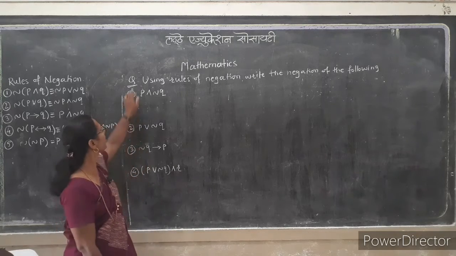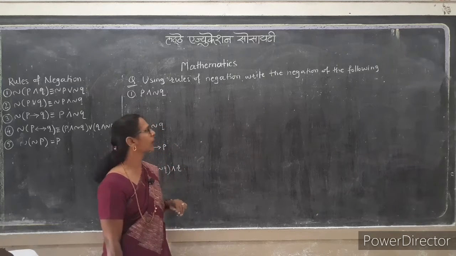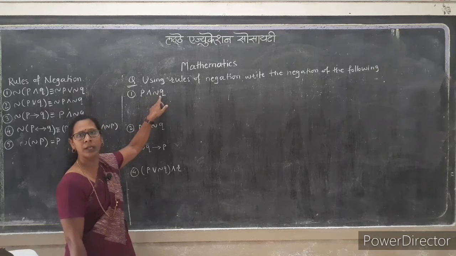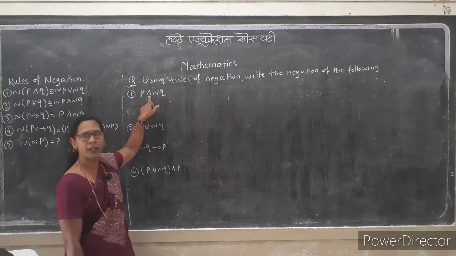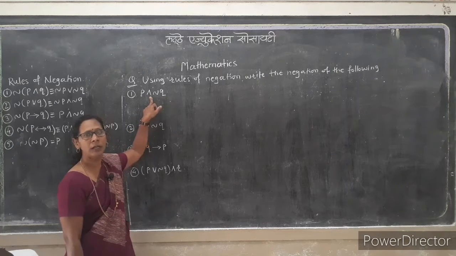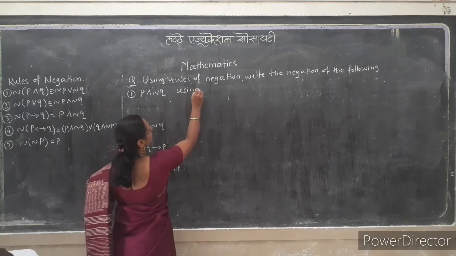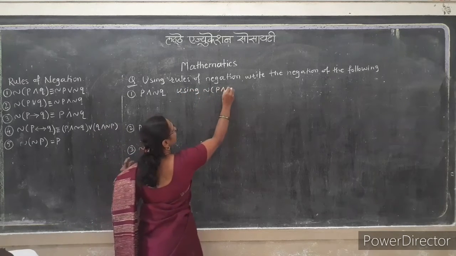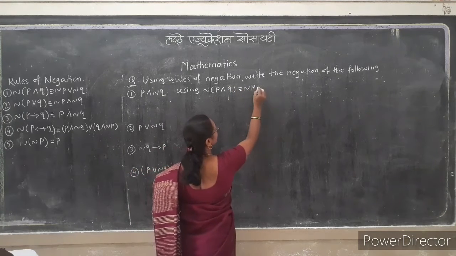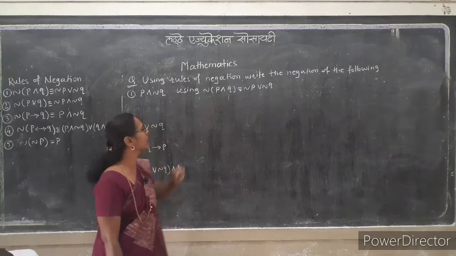Next question is: using rules of negation, write the negation of the following. First example is P conjunction negation Q. Here the connective is conjunction. Therefore, we use the rule negation of P conjunction Q is logically equivalent to negation P disjunction negation Q. We use this result.